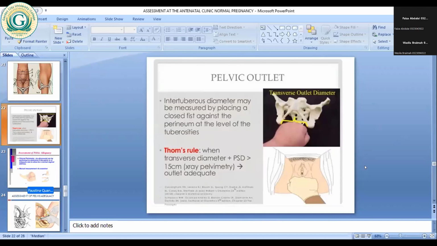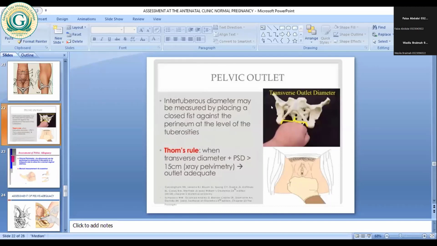Sister, I was saying if you wait for the complete crowning, the perineum will be very thin for you to easily give the episiotomy. But if you give it before the crown, the perineum will be very thick. The problem I have is that you don't even know where the head will be before crowning.